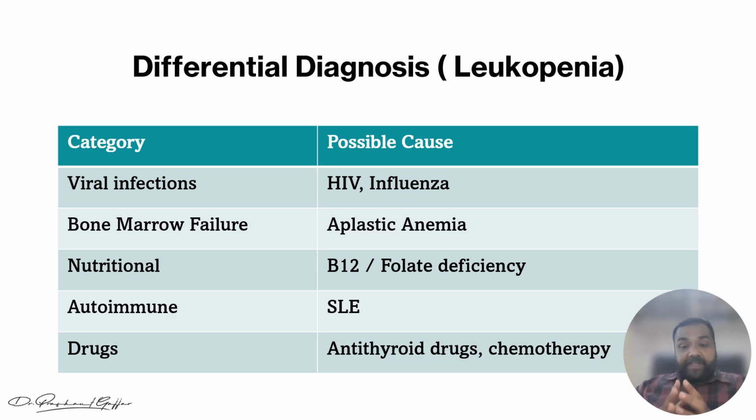Bone marrow failure like aplastic anemia. Nutritional deficiency, B12 or folate deficiency. Autoimmune conditions like SLE. And drugs like antithyroid drugs and chemotherapy. Right? So my friends, I hope you can easily understand the differential diagnoses of leukopenia.